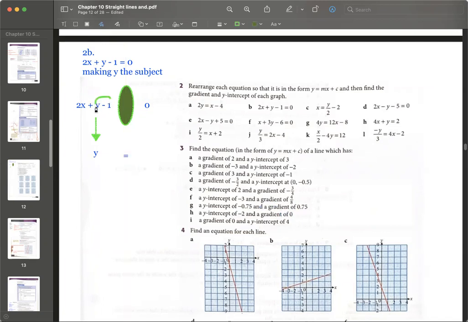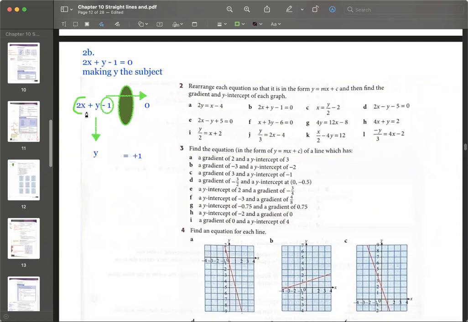So this -1 will go through the portal. When -1 goes through it, it will change the operation from minus to plus. So here will be plus 1. And then this 2x also needs to move.